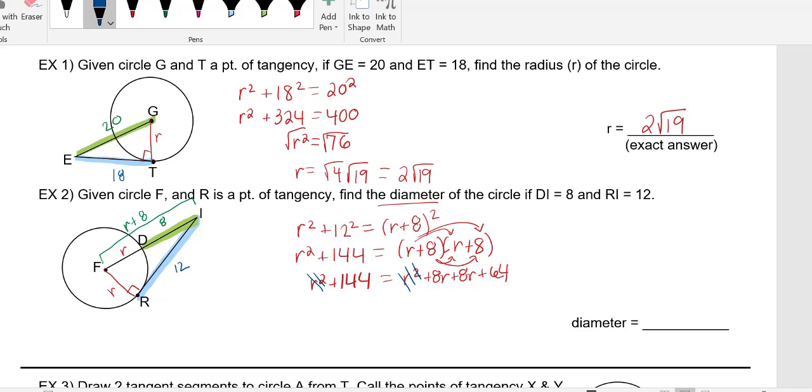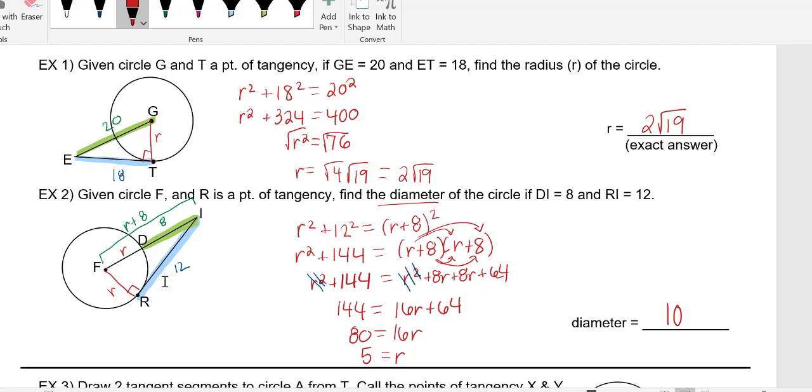So if we were to subtract an r squared, those things cancel. Thus, when we're continuing to solve, we don't have a quadratic anymore. We just have this linear equation. It makes it a little bit easier. Divide both sides by our 16, and we get r is equal to 5, making that diameter 10. All right.